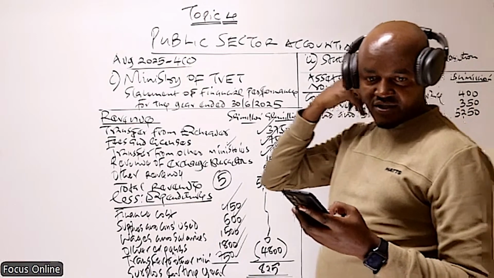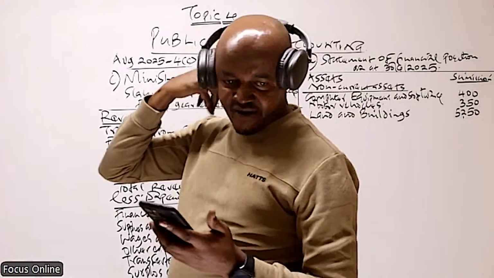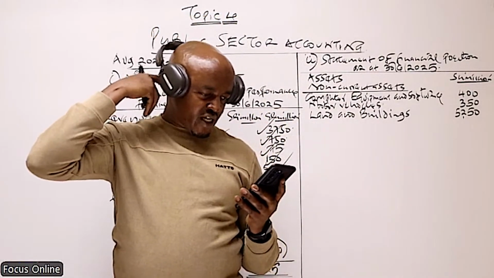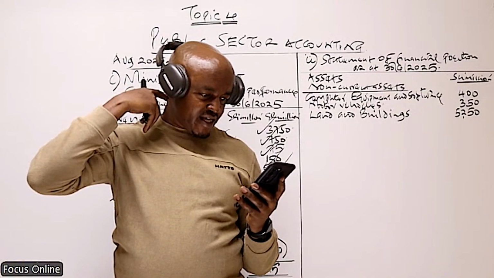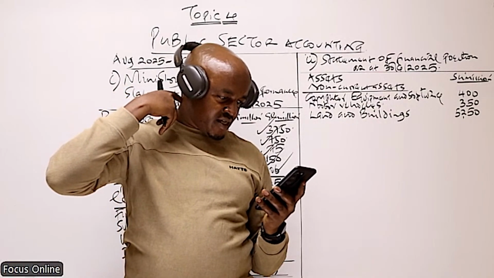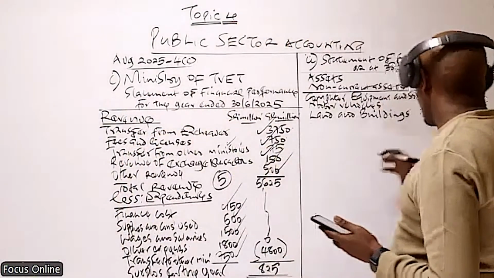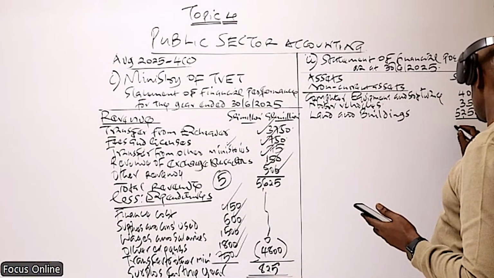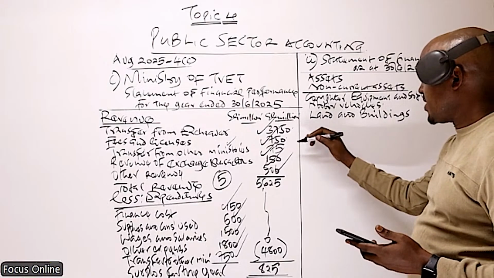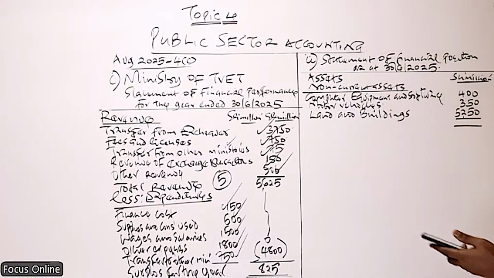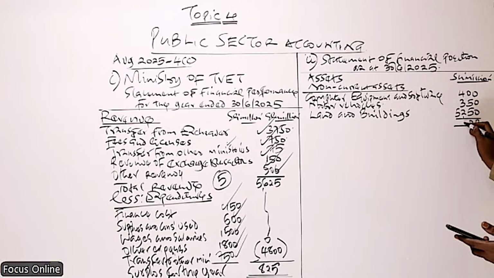Do we have any other non-current assets? I can't see any other. So first of all, we get the total, so that we then proceed and record current assets.